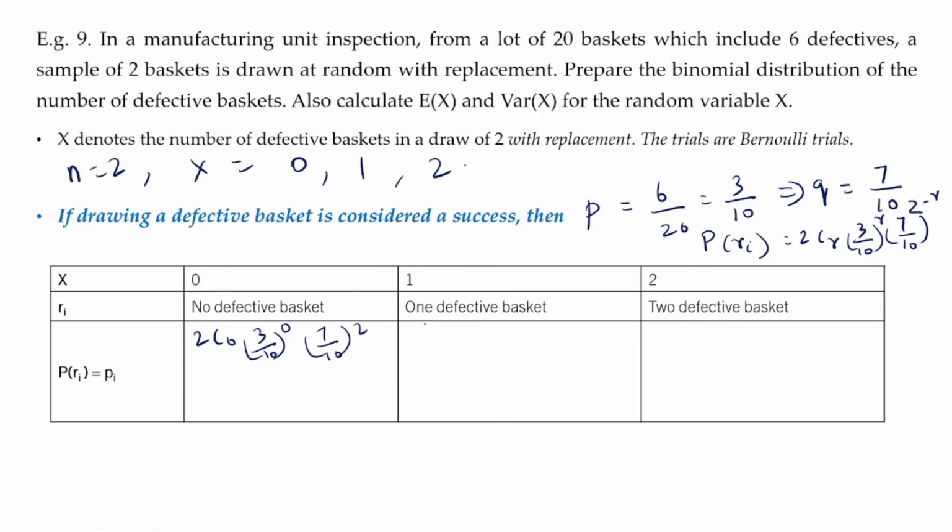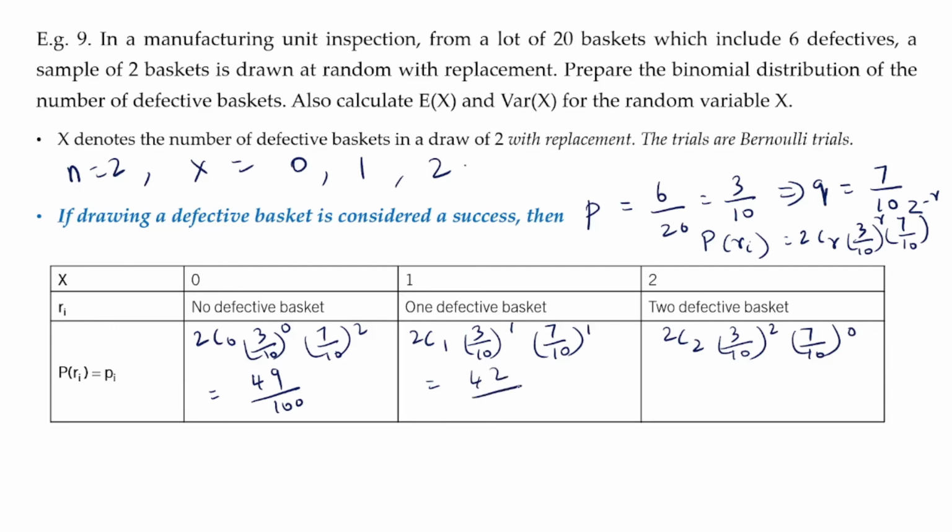Then probability of one defective basket, 2C1, 3 by 10 the whole raised to 1, 7 by 10 the whole raised to 2 minus 1, which is 1. Then 2 defective baskets, 2C2, 3 by 10 the whole raised to 2, 7 by 10 the whole raised to 2 minus 2, 0. When we simplify, we get 49 by 100, 42 by 100, and 9 by 100.